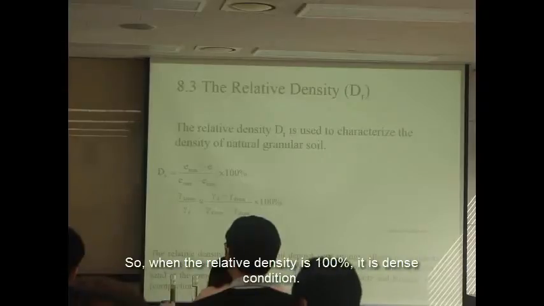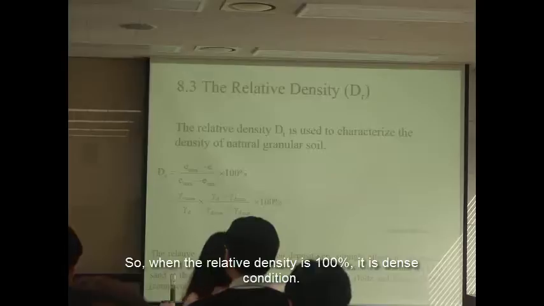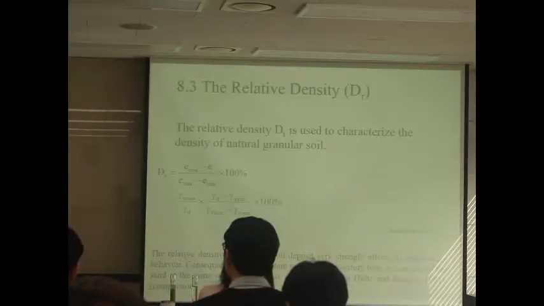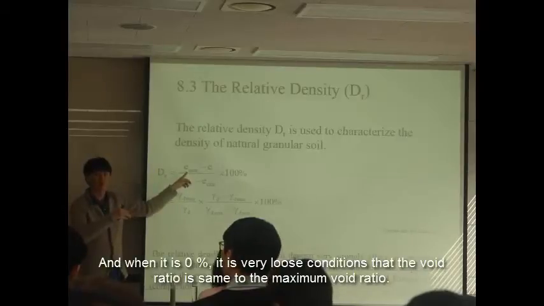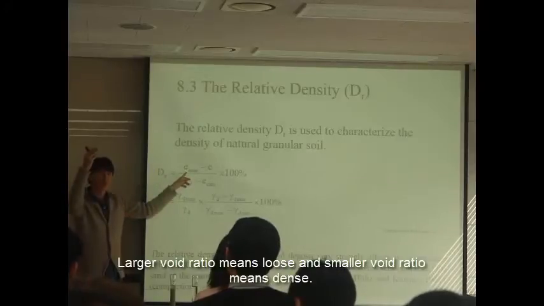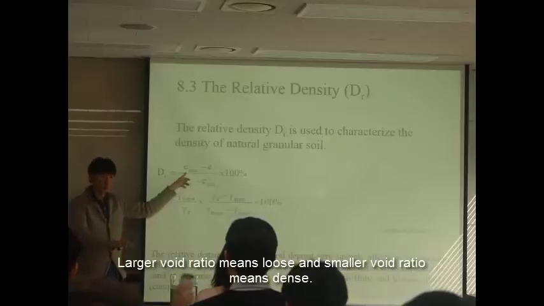When the relative density is 100%, is it a loose or dense condition? Dense, yes. And when it's 0%, it's a very loose condition. The void ratio will be the same as the maximum void ratio. So a larger void ratio means loose, and a smaller void ratio means dense.